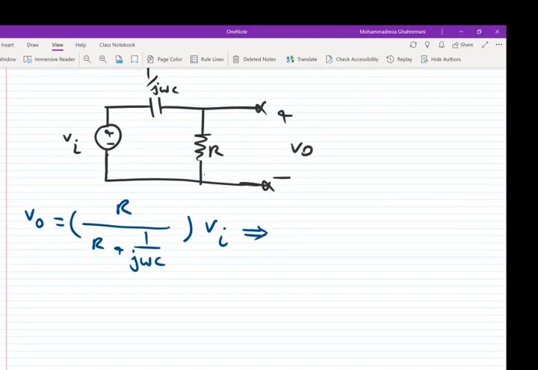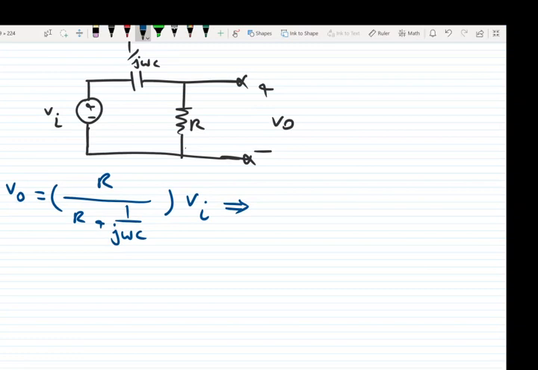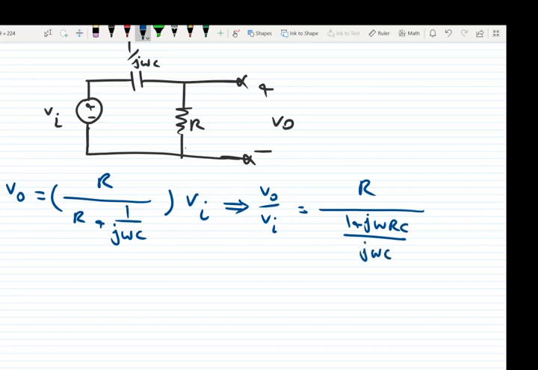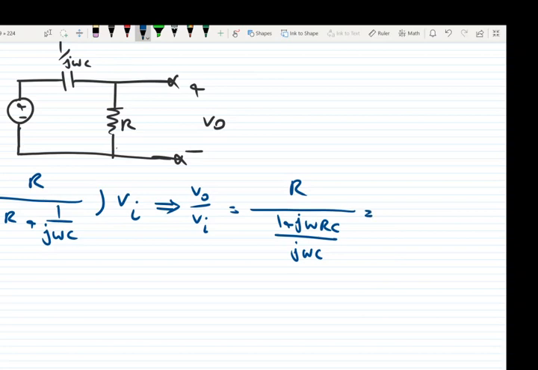As a result, we can say VO over VI is equal to R over 1 plus j omega RC over j omega C, which is equal to j omega RC over 1 plus j omega RC.